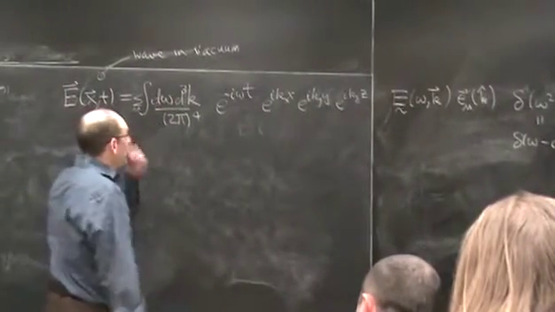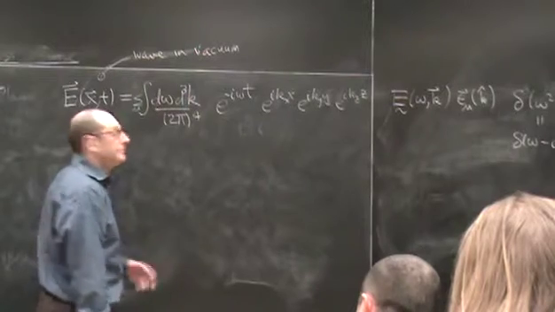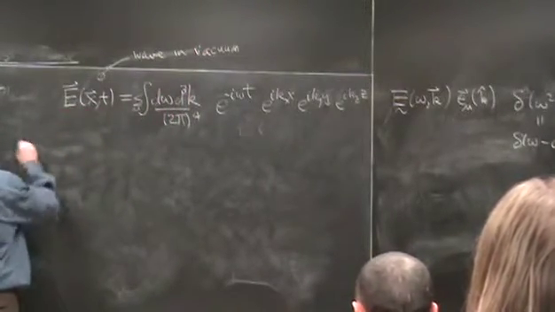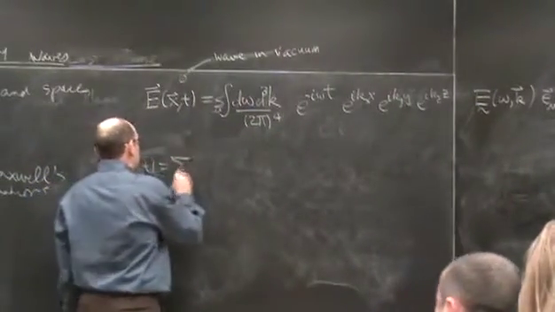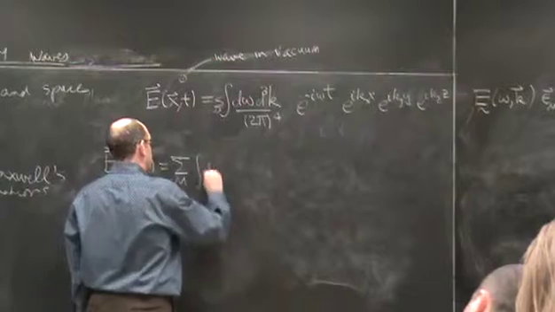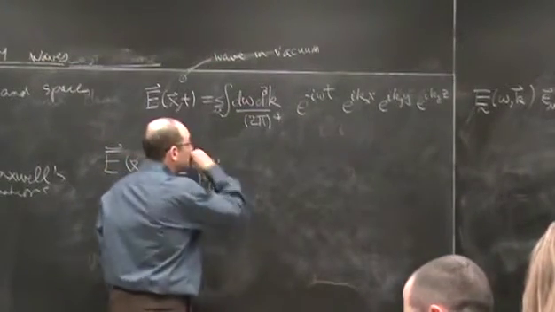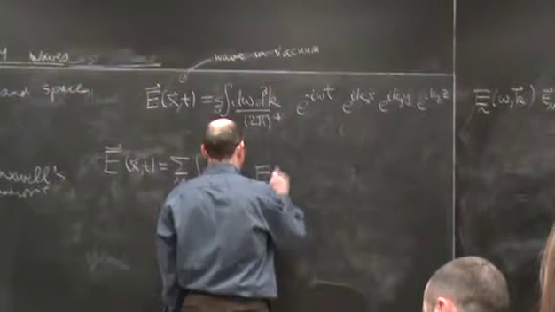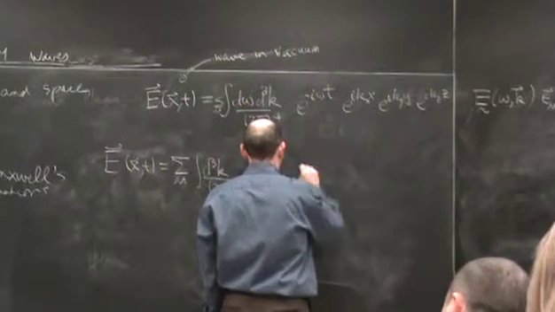So now we can do the integral over omega, because omega and k are not independent. So let's do it. Tedium: d cubed k over 2 pi, of d tilde, omega equals ck.